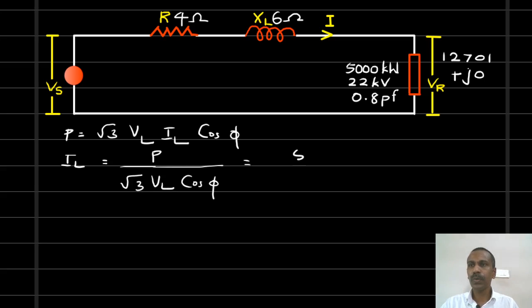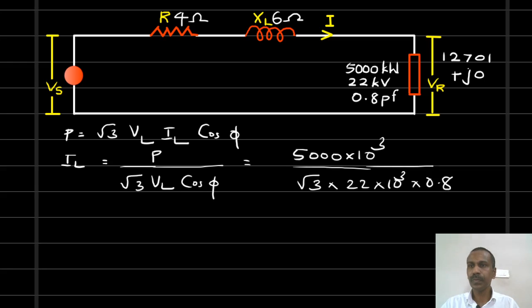Here the power is equal to 5000 kilowatts divided by √3 into the voltage 22 kilovolt into power factor 0.8. The current is equal to 164 amperes. This is the line current at the receiving end.